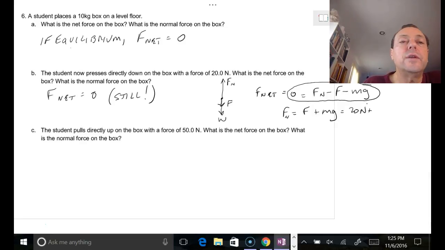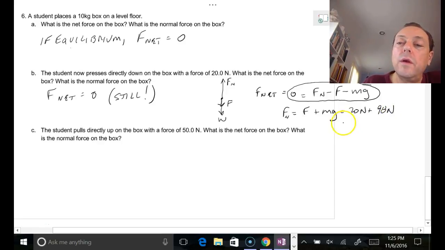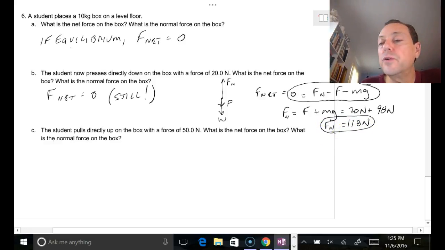I could say 9.8. That would be fine. And so now we know the normal force is going to be equal to 118 newtons. Okay, so that's the force with which the floor has to push the box back in order to keep it in equilibrium. Okay, hope that made sense to everybody.